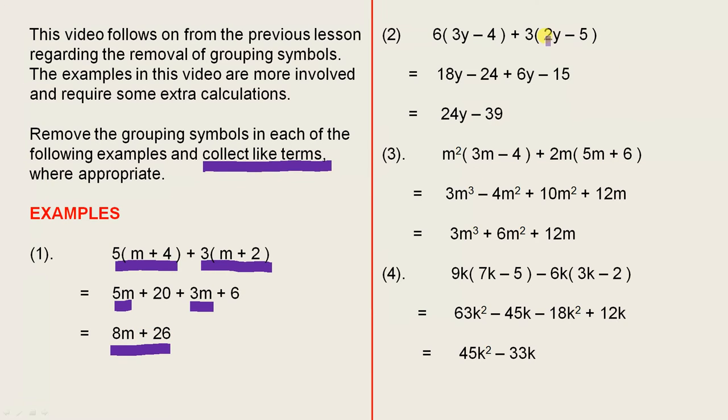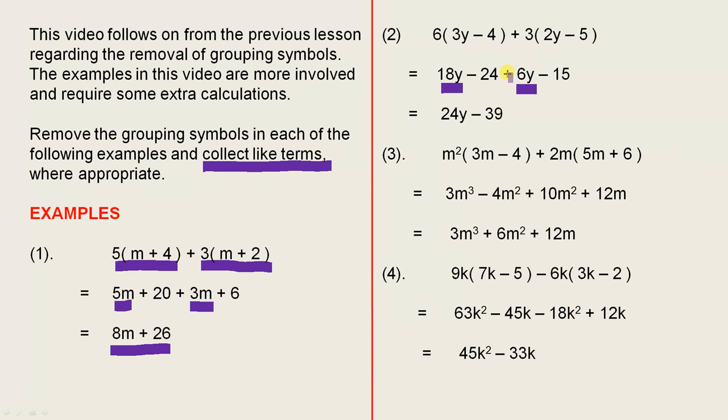Number 2, 6 outside of 3y minus 4 plus 3 outside of 2y minus 5. That gives us 18y minus 24 plus 6y minus 15. Focus on the like terms first, which is that one and that one. 18y plus 6y.